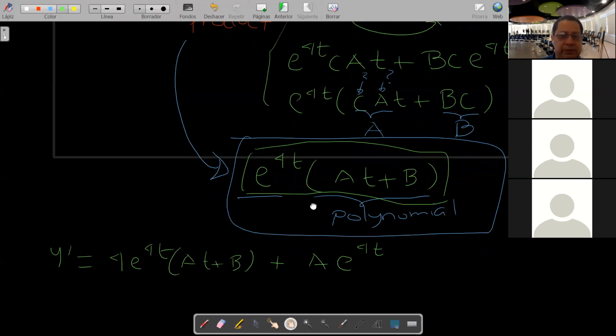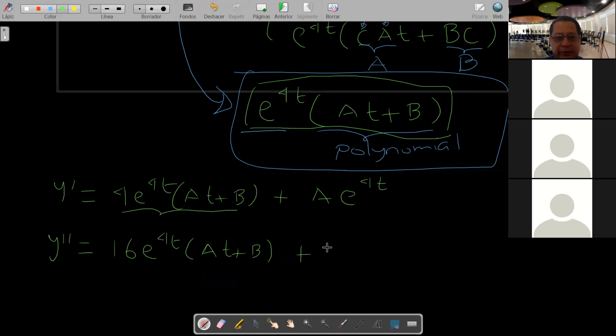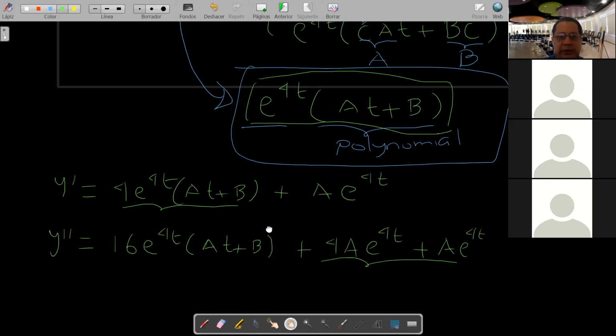And that's the first derivative. And then we need to find the second derivative. And we need to find the derivative of this product, once again. So we have the first term and the second one, which will be 4 times a e to the 4t plus a times e to the 4t.